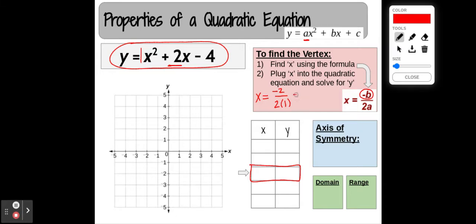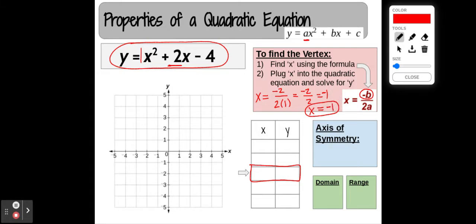So this would give us negative 2 divided by 2, which would be negative 1. So I get x equals negative 1.